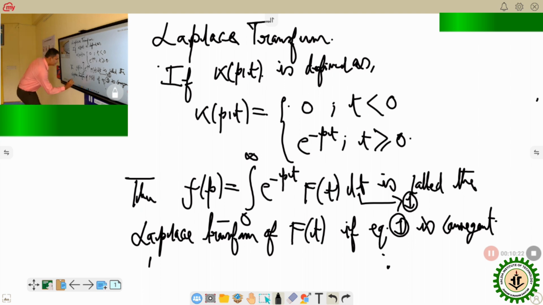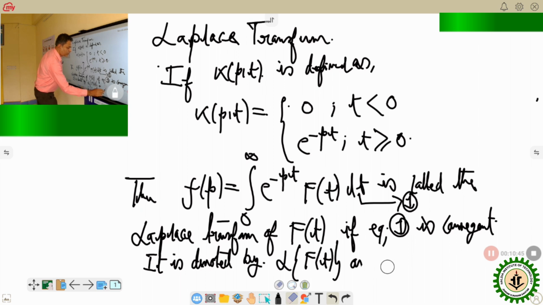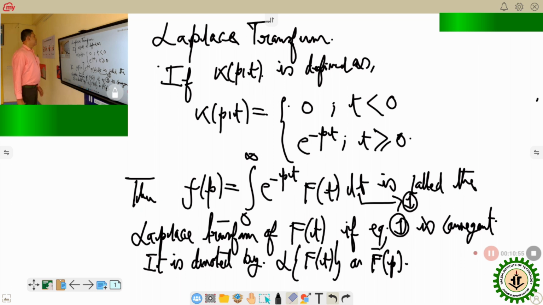It is denoted by either Laplace transform of f(t) or F(p).